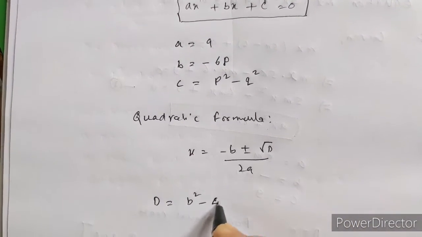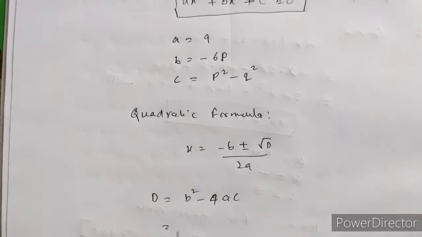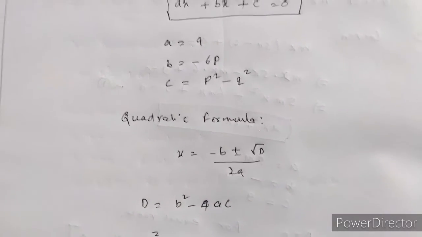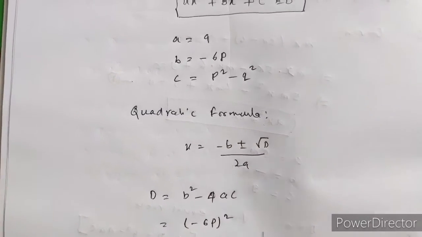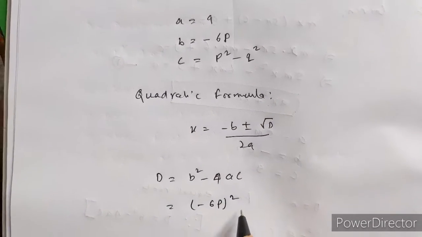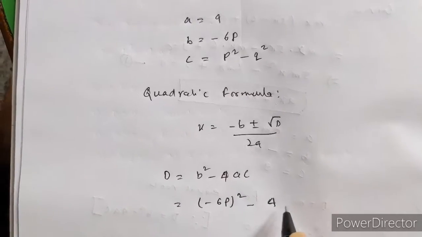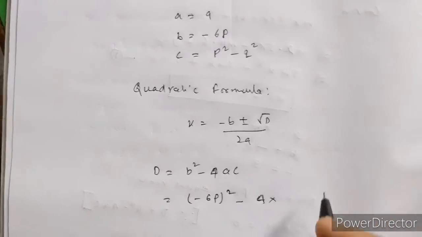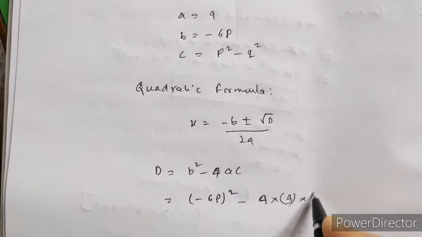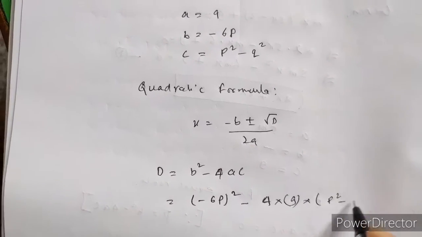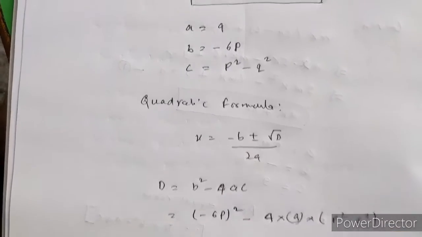B square minus 4ac. So b square is minus 6p square minus 4 into a is how much? 9 into c is p square minus q square.